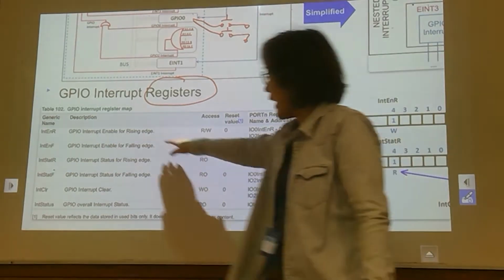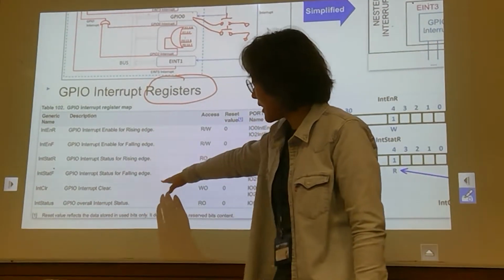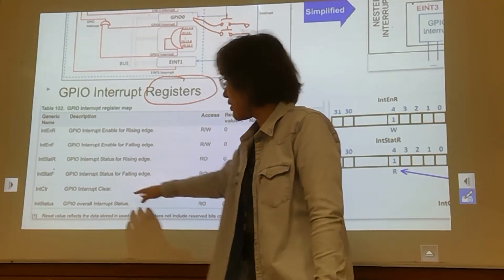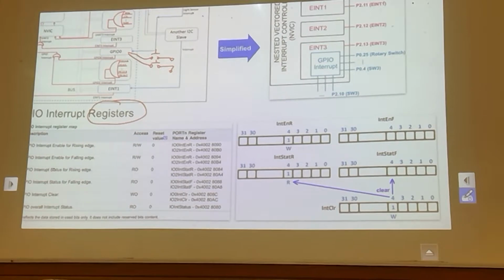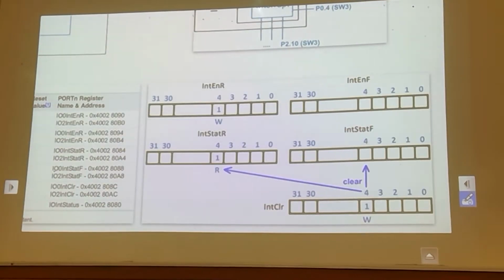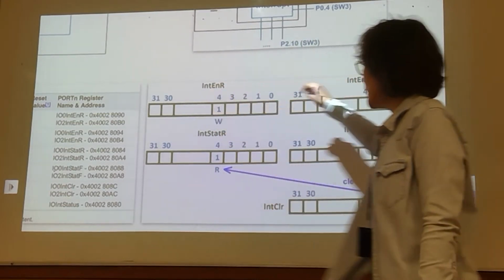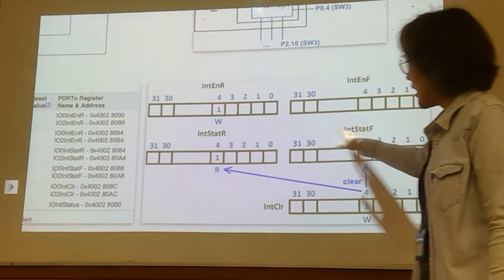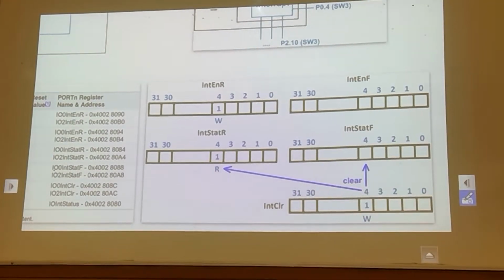So you have INT_ENR, INT_ENF, STATUS_R, STATUS_F, and CLEAR_STATUS. Let me explain this. So I draw it here. This is a register: ENR, ENF, STATUS_F, STATUS_R, clear. I didn't draw the status.